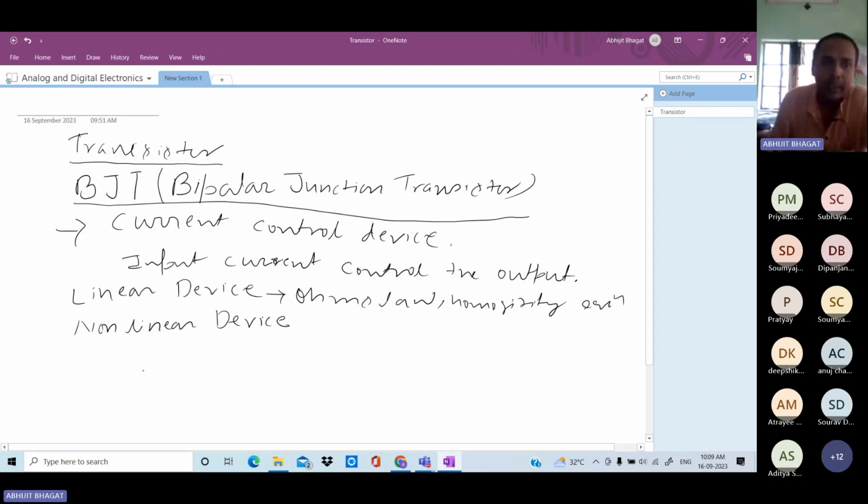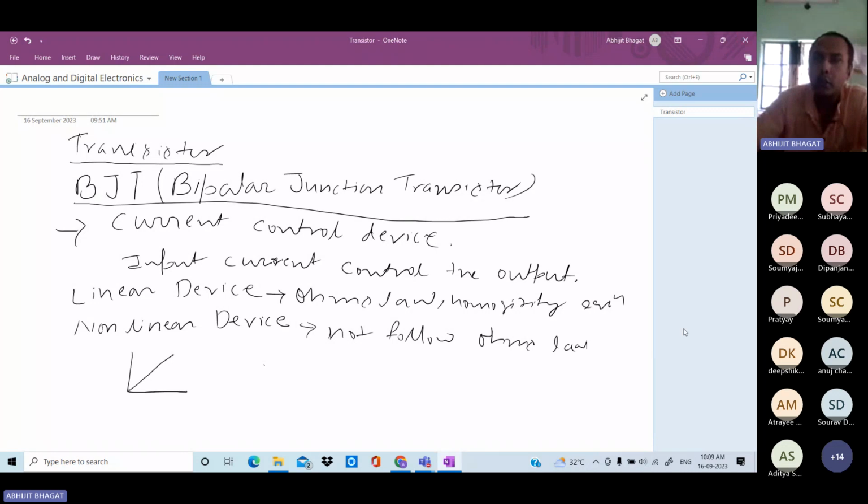So when a device is following Ohm's law, the nature of the current and voltage is like this. V is proportional to I. So it is linear. But in case of a non-linear device, it does not follow Ohm's law.